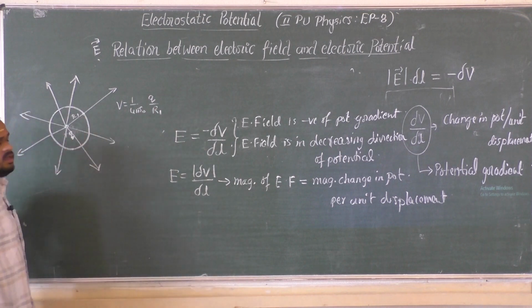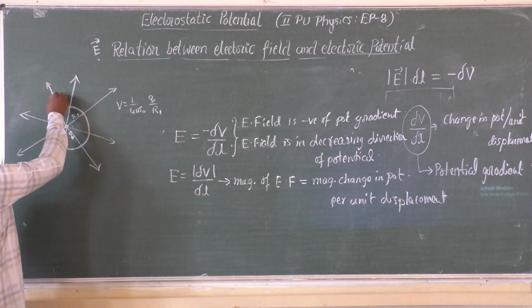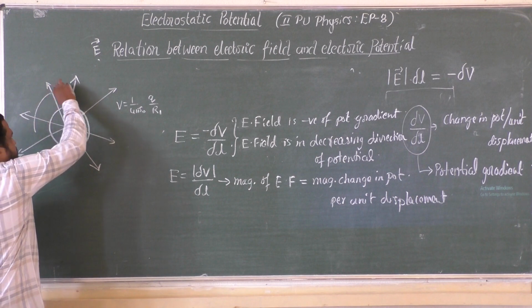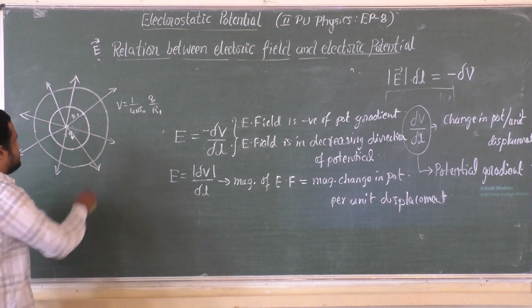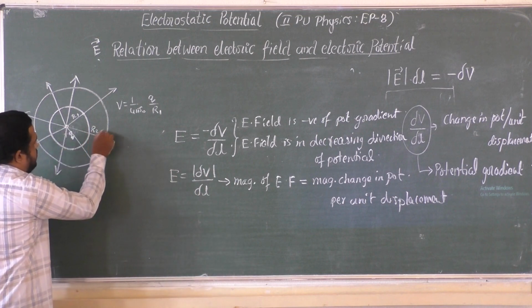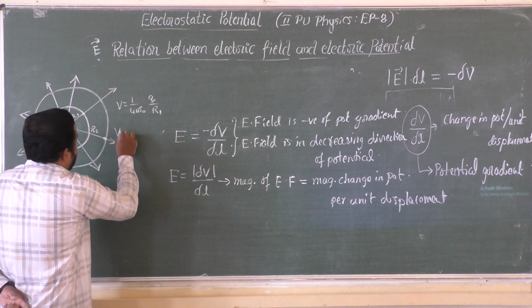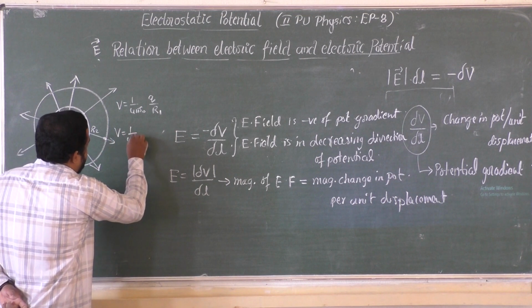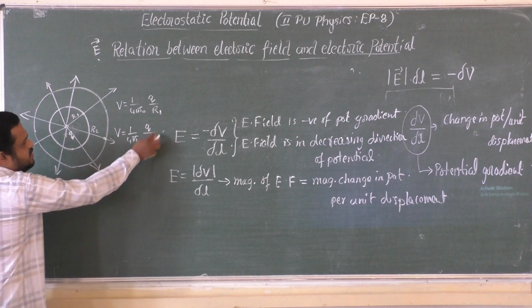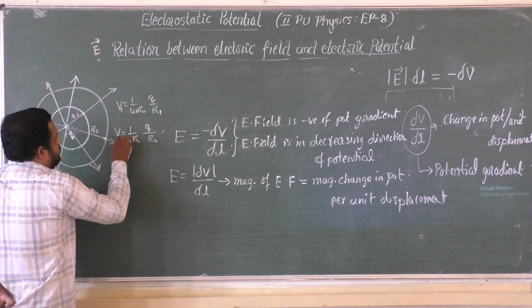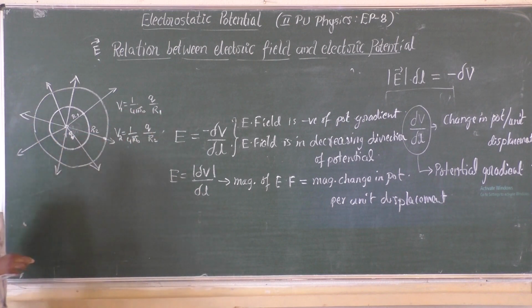If I consider one more sphere of larger radius R2, then potential there is V2 equal to 1 by 4 pi epsilon naught Q divided by R2. Now R2 is greater than R1, therefore V2 will be less than V1.